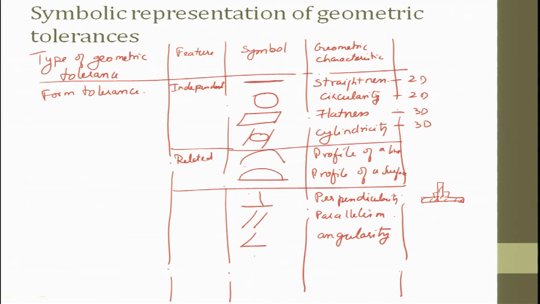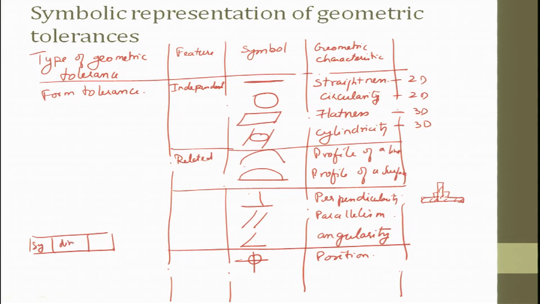then we talk about position. So if you go back and see, we drew this, right. So, here we talk about a symbol here, then we talk about some dimensions here, whatever it is, and then this is with respect to some reference or something like that. So this is one row, and we will have 3 columns.